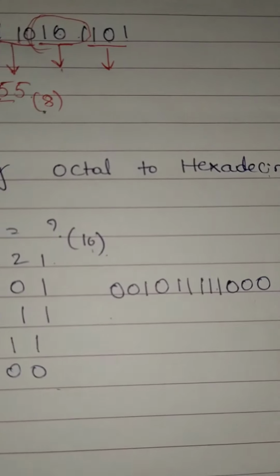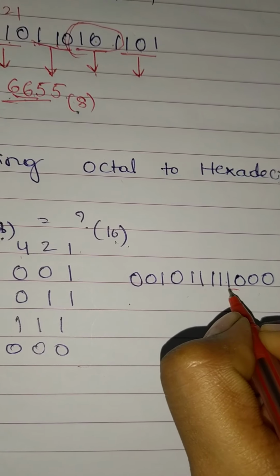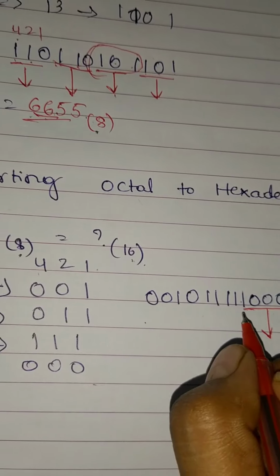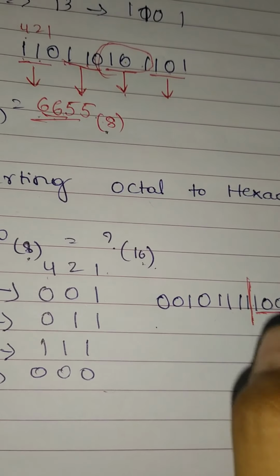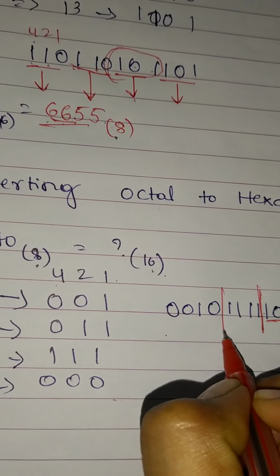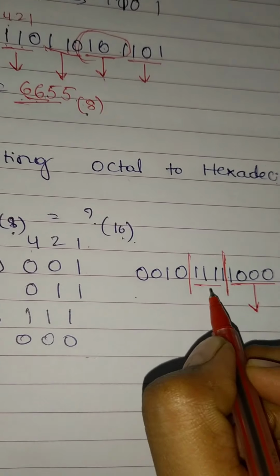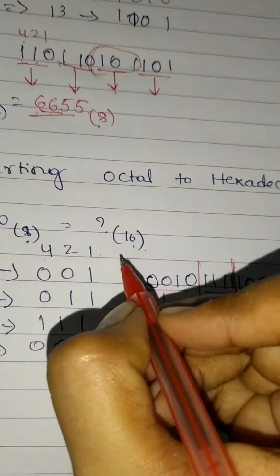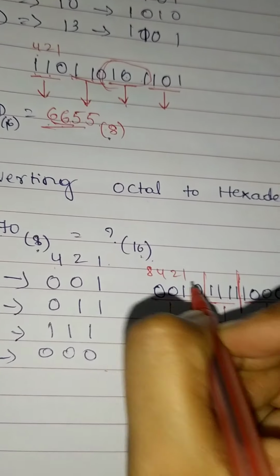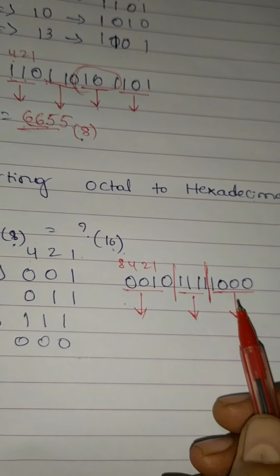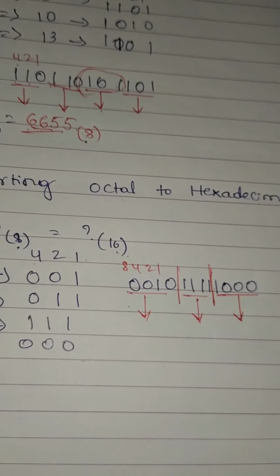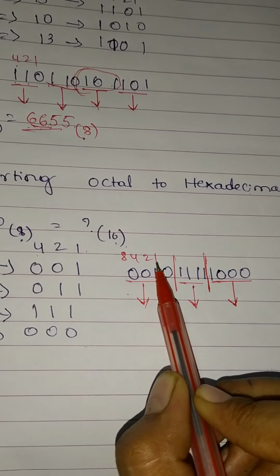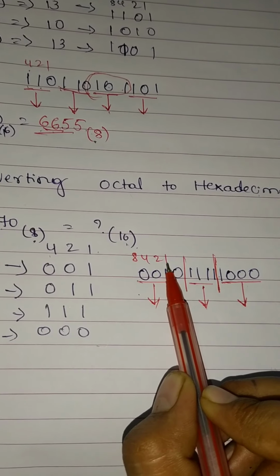Now you can see here, these 4 values become one group, and these 4 values become another group, and the remaining become another group. Here we need to follow 8421 because it is a group of 4. If it is a group of 3, then we need to follow the 4 2 1 format.